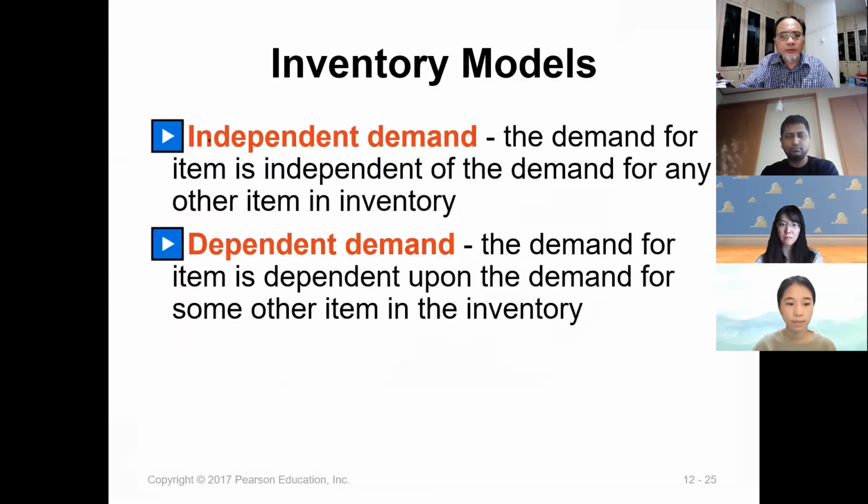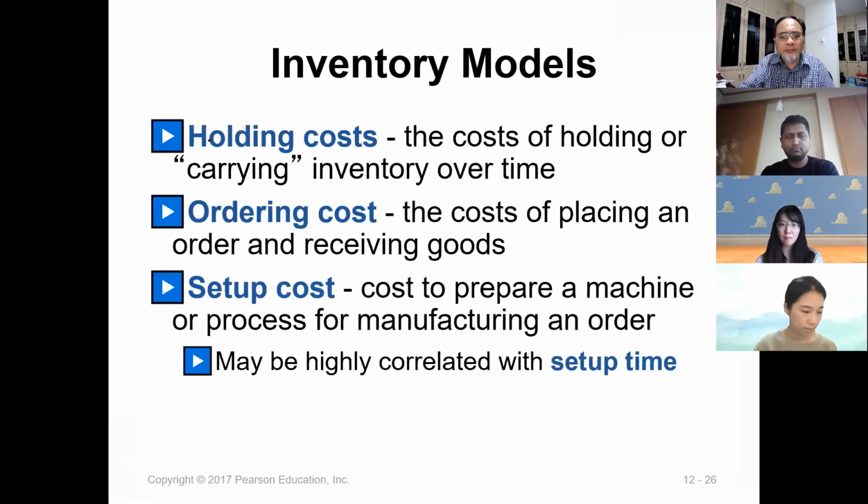Right. So after that, I mentioned that you have holding costs, ordering costs, and setup costs. Setup cost is similar to ordering cost. Setup cost is for production, while ordering cost is for normal ordering with no production, consumption only. For example, you use batteries for the whole year.